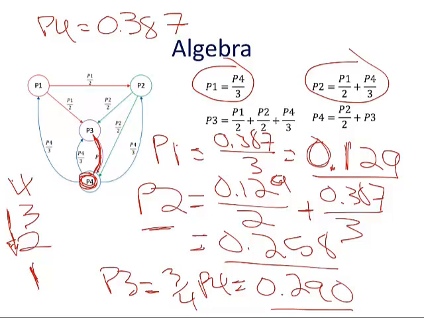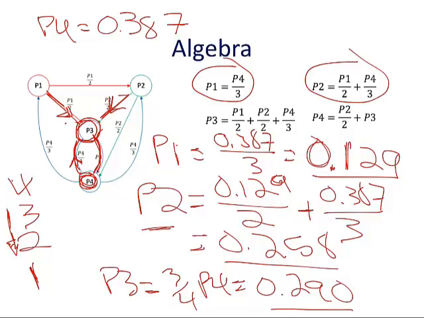And it aggregates importance from half of both page 1 and 2, which are both less important nodes. And it only gets a third of P4's importance. So everyone that's pointing to P3 is really splitting a lot of ways. And these two are the less important nodes, and the more important node is only splitting a third of it to P3.